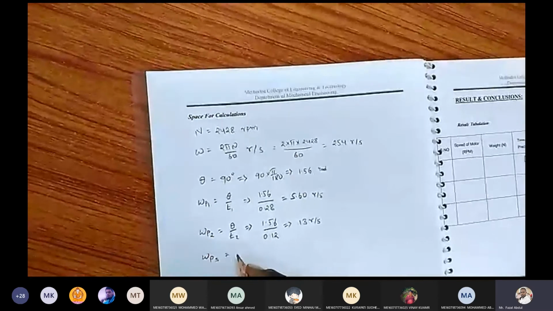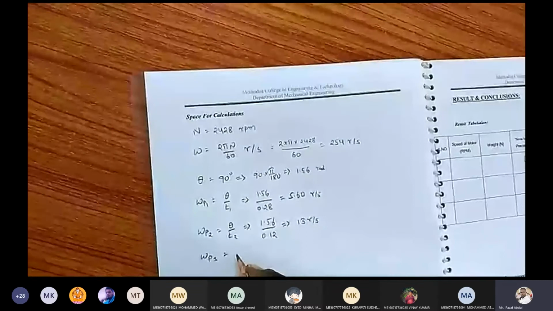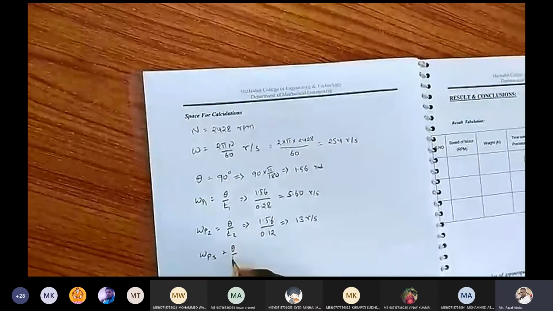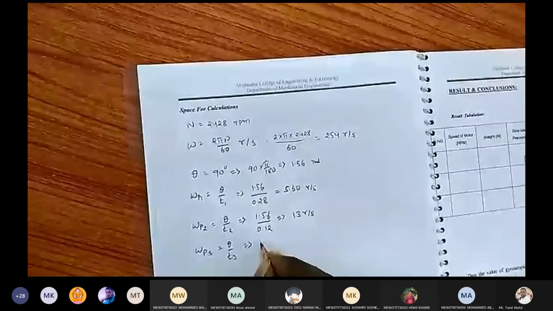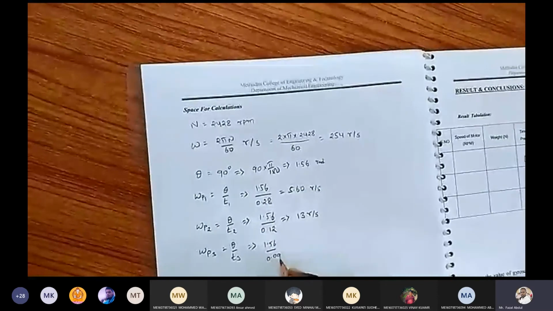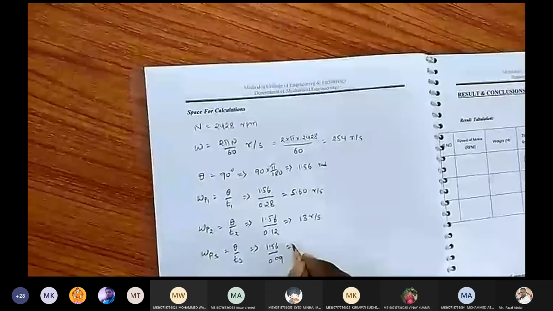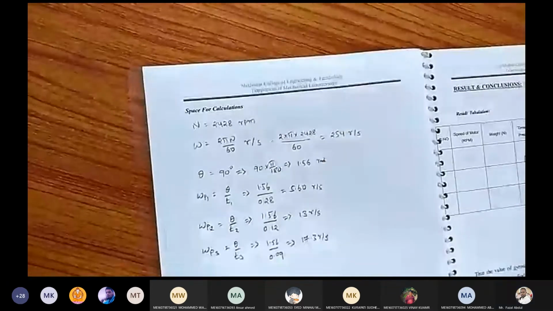Omega P3 now, theta by T3. For three loads, three different angular precessions will be generated. Like this, we need to calculate the three omega P's.